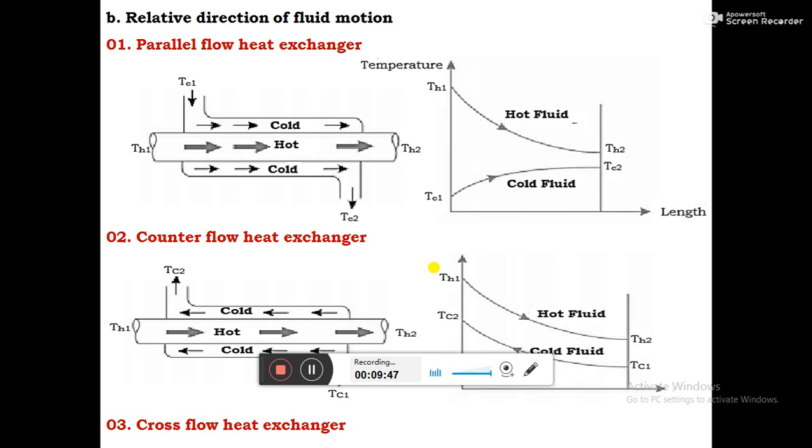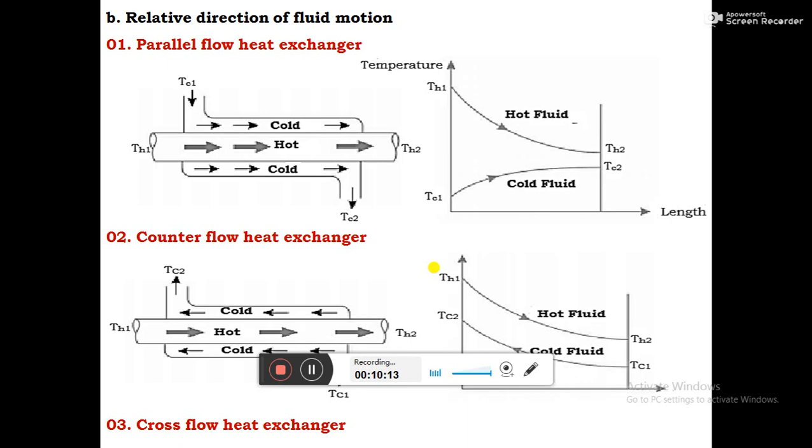What happens here is the temperature difference between the two fluids, that means the hot fluid and the cold fluid, continuously varies. As the temperature difference varies, the heat transfer between the hot fluid and the cold fluid also varies, and it is difficult to measure temperature at every point of the heat exchanger.